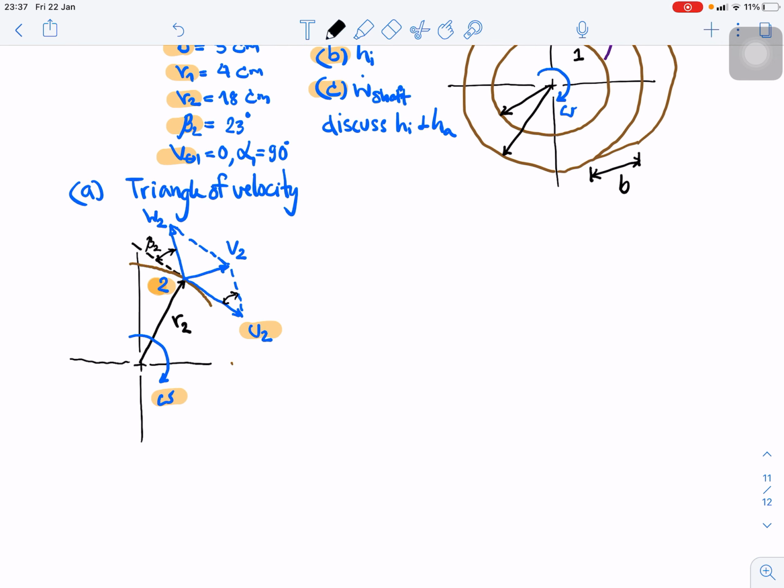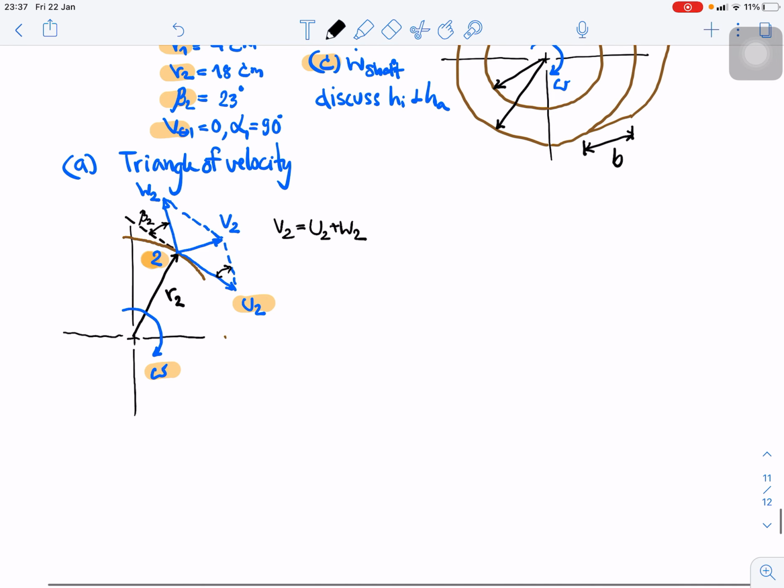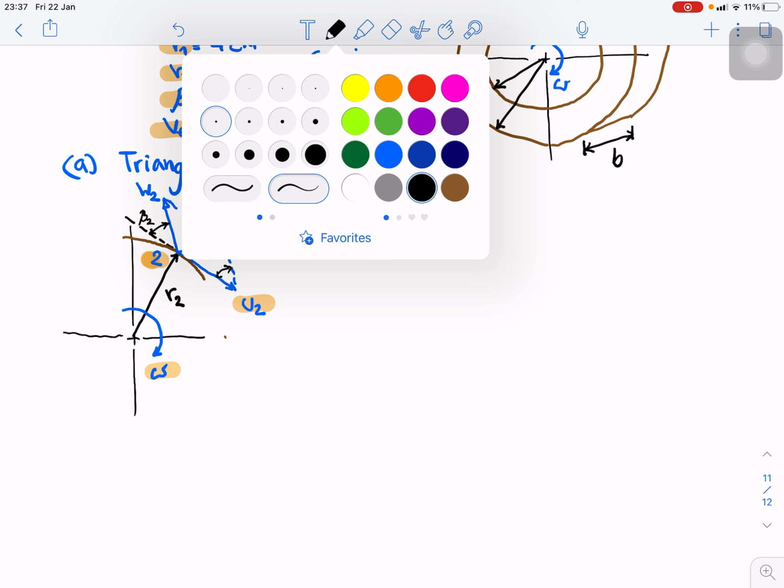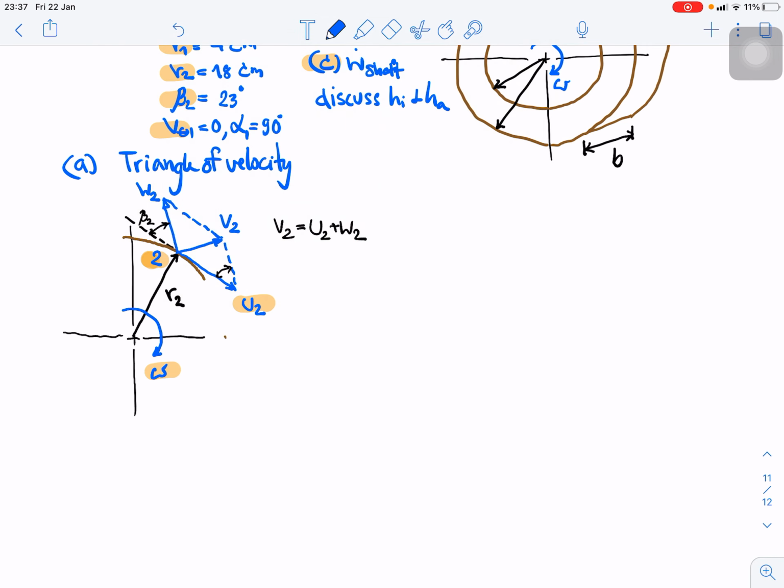We can write the equation for cot beta 2.